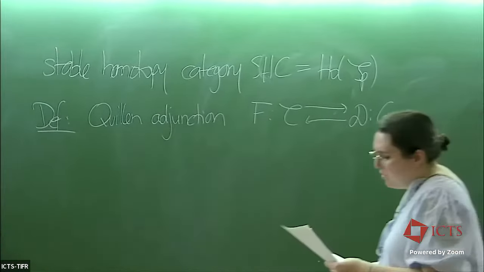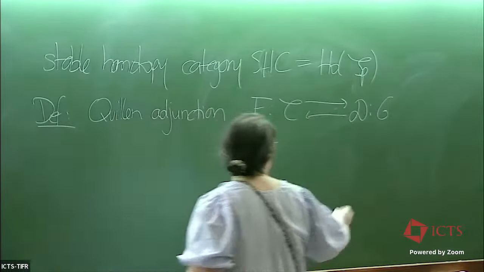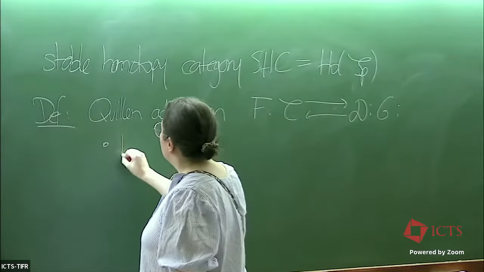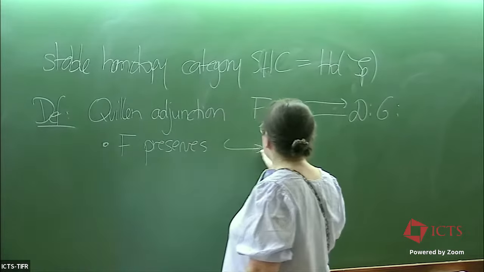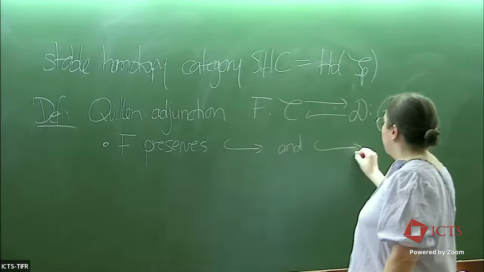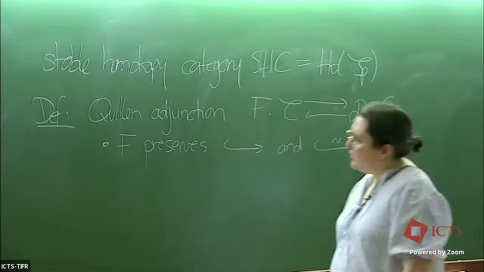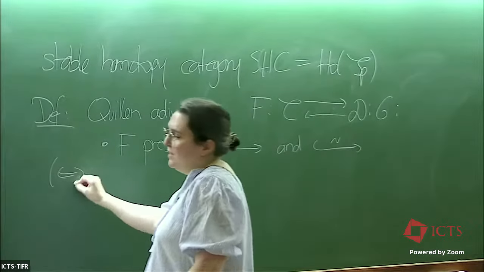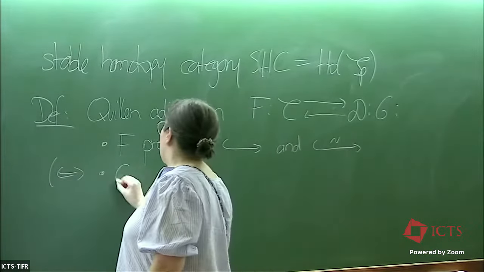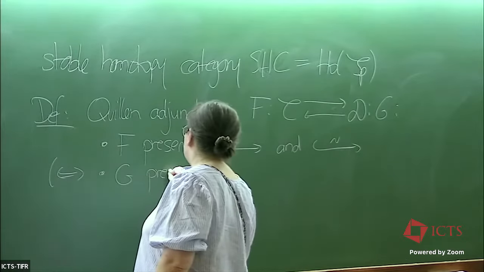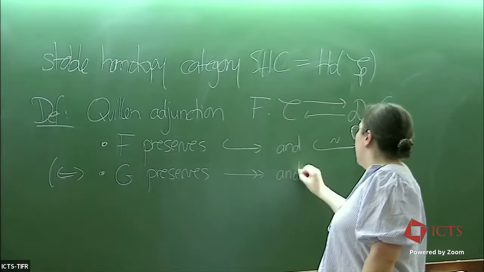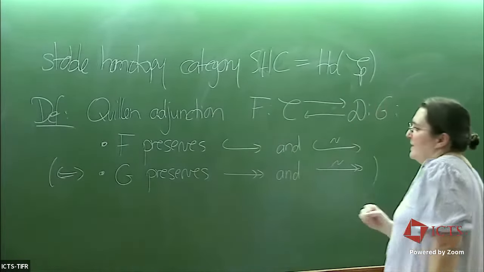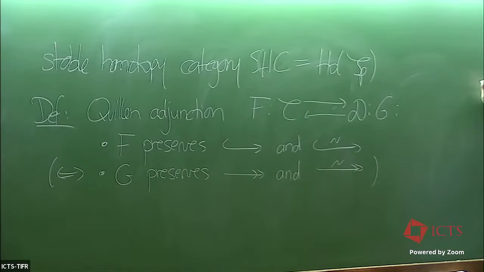So the correct definition is that the left adjoint should preserve cofibrations and acyclic cofibrations, which is equivalent, so you don't even have to ask for that separately, to asking for the right adjoint to preserve fibrations and acyclic fibrations. And when I say that's the correct definition, what do I mean by that?